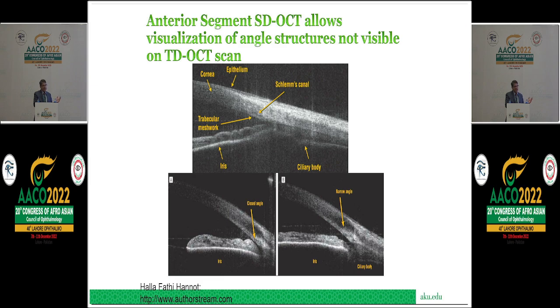As we were mentioning in the last session, it is not a substitute for gonioscopy, because with gonioscopy you can see how much pigment is in the angle, any new blood vessels, small PAS and so on. With this technology you can tell if the angle is open or closed, and you can identify, if you have high resolution, even Schlemm's canal and collector channels. So I think it's worth looking at this if you have the technology.